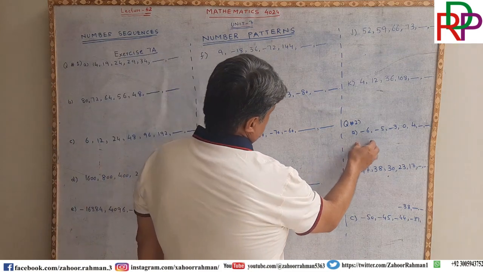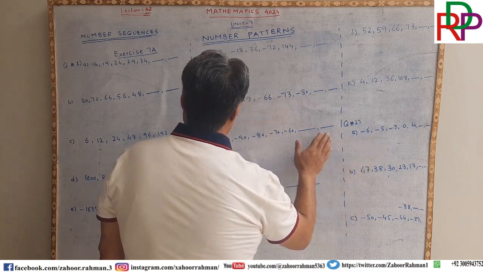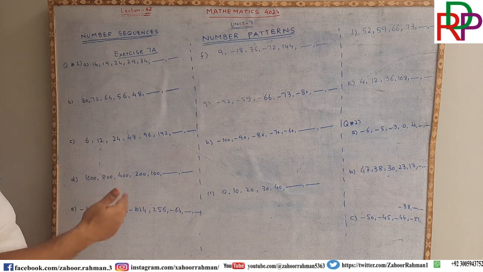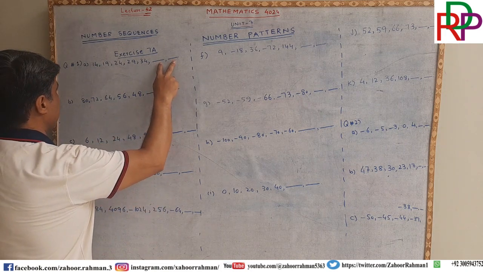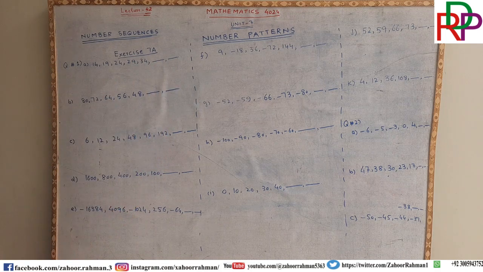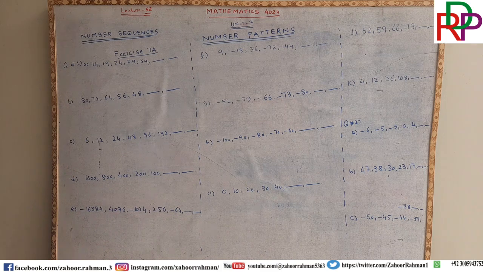They are not asking for the rule in the second question, but in the first question they are asking for the rule, due to which you are writing the next two terms. If you are asked to write the next two terms and the rule as well, you must write the rule.